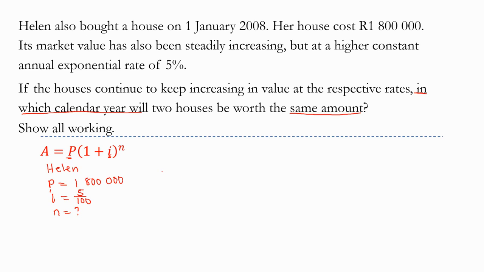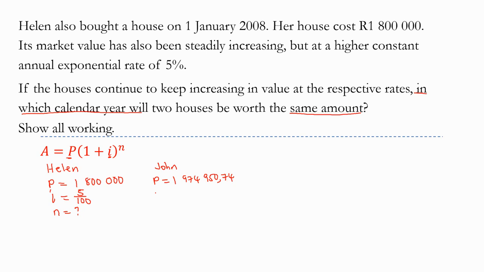And then for John, what we have for John here, John P, that's the amount we calculated in A. So John, right, P is equal to 1,974,950 rand 74 cents.